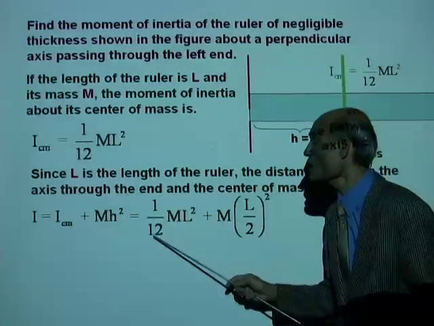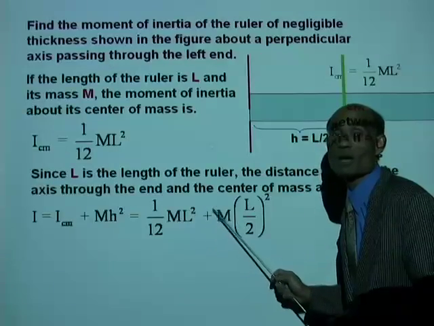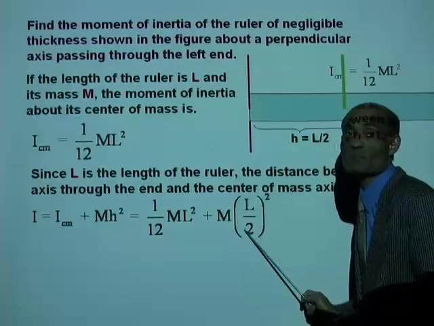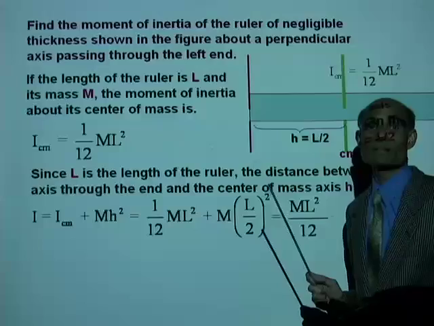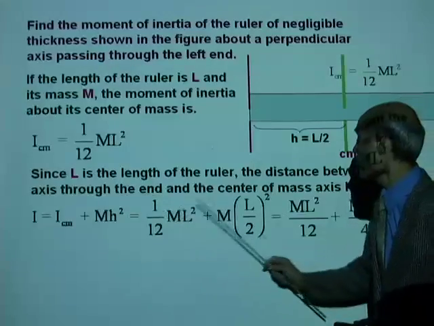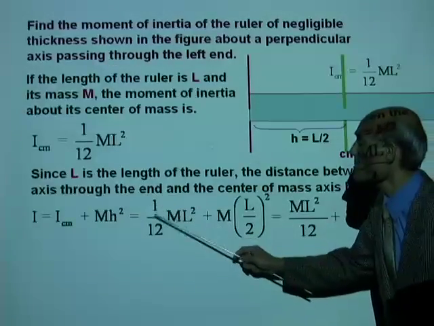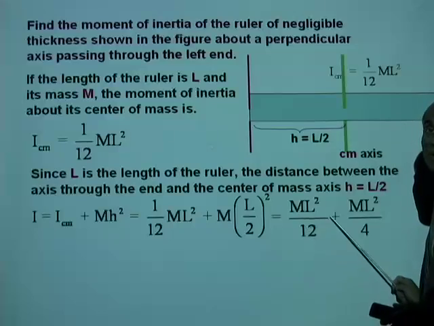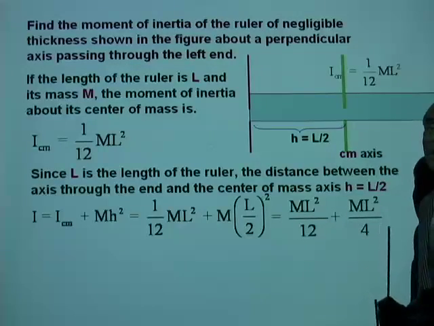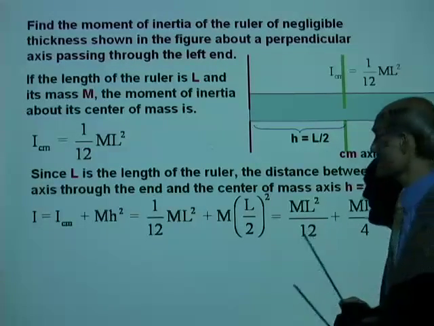So that will be 1/12 ml squared plus m times L over 2 squared, and that will be ml squared over 12 plus ml squared over 4. And what is that equal to?